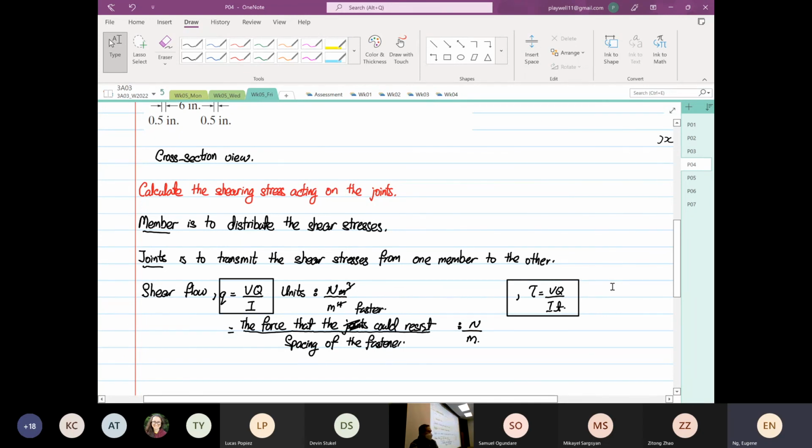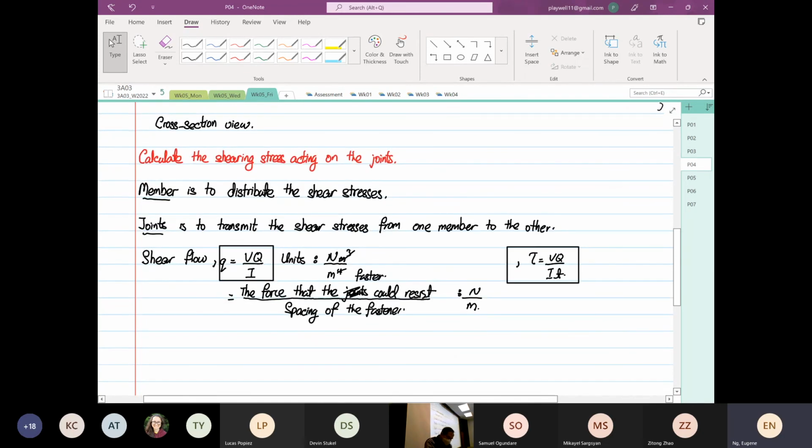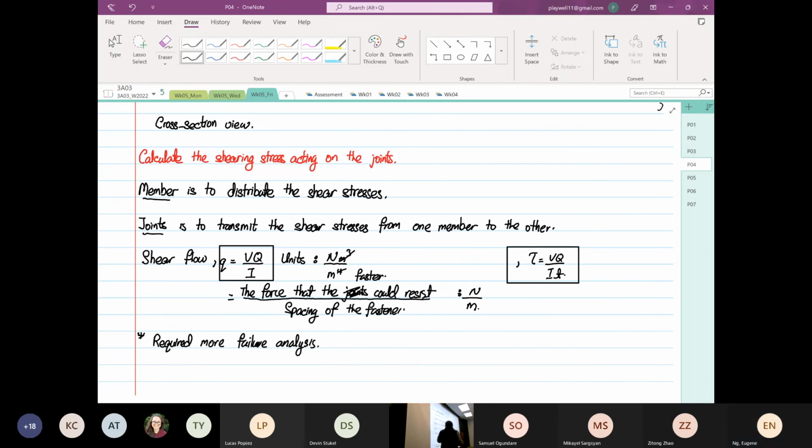The difficult part of this topic is that it requires more failure analysis. That is the only complexity of this topic, but I think the most difficult part is over already.